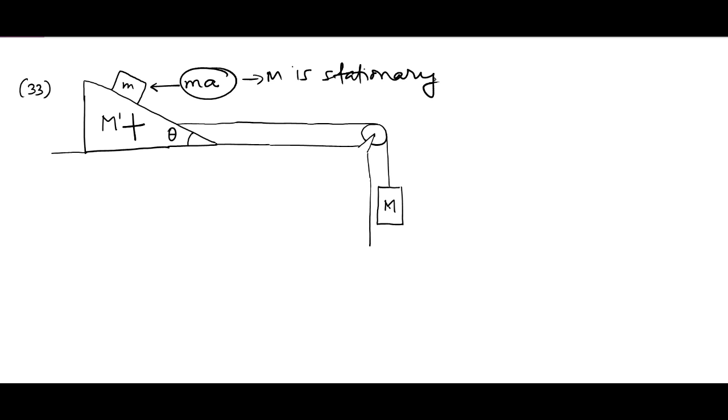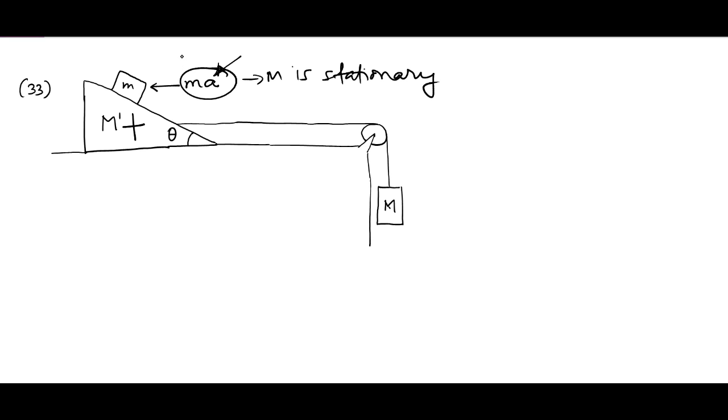If that is the case, it would mean that this a, which is the acceleration of M dash in the ground frame, should be of the exact value so as to ensure that this happens.